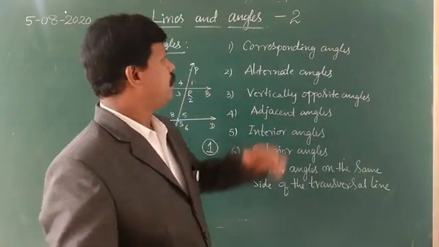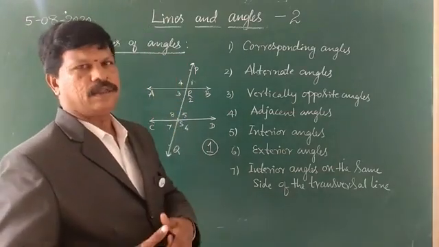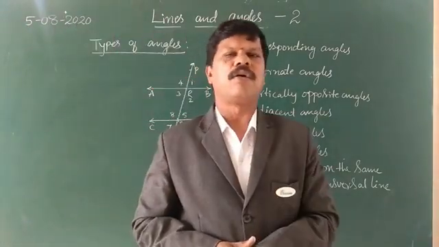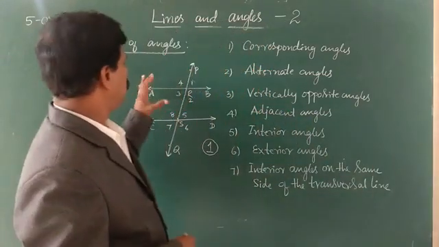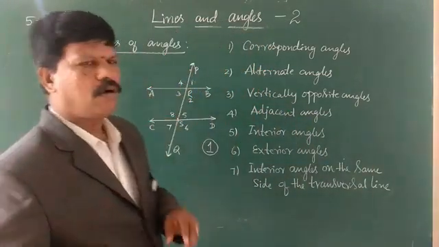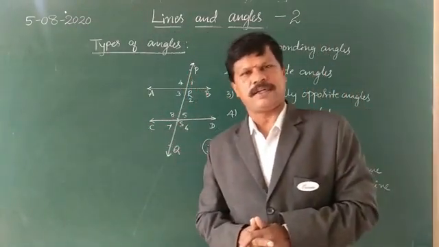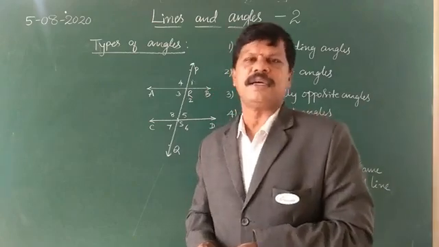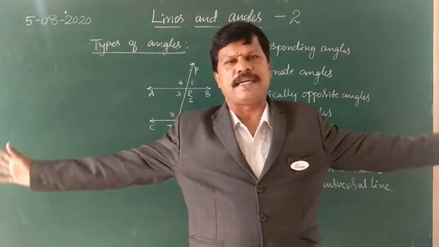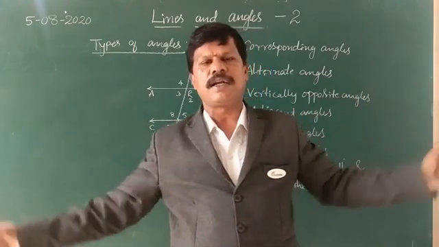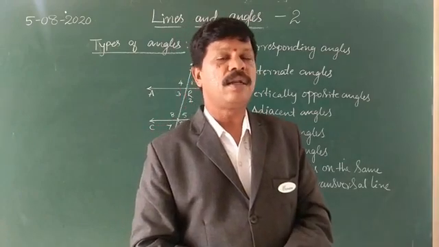And I explained when two lines are called parallel lines. Lines which do not intersect at any point when we extend them indefinitely on both sides, left hand side or right hand side, are called parallel lines.